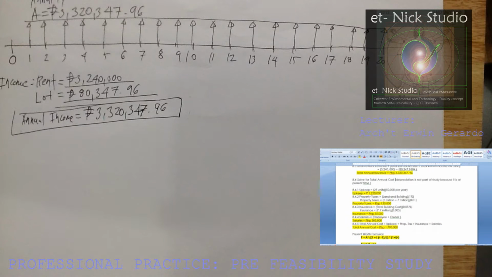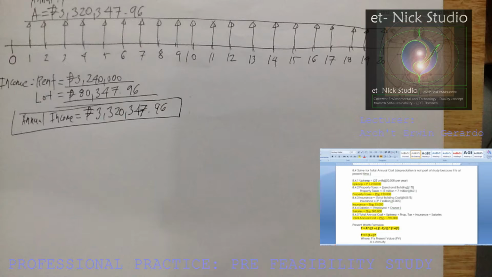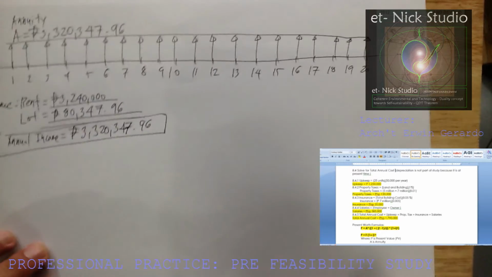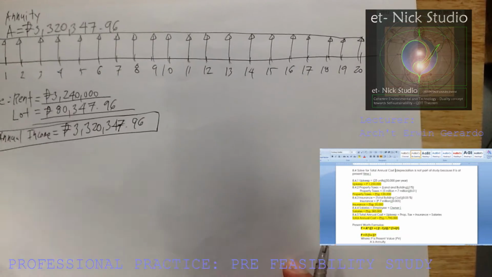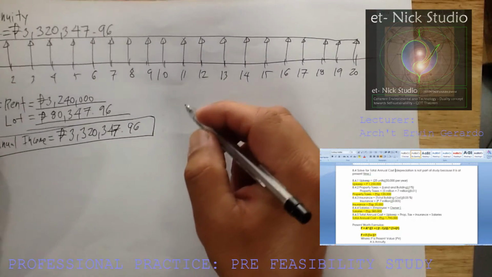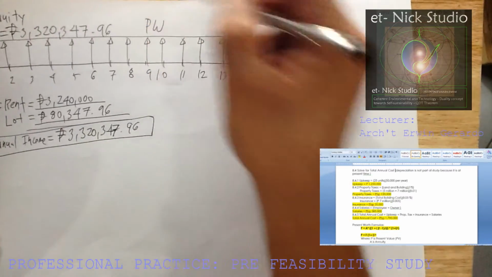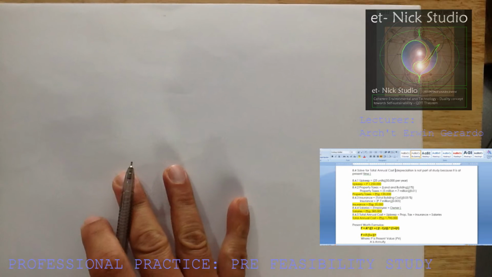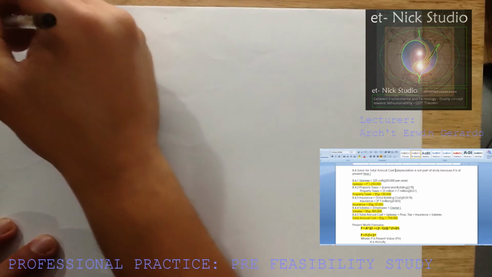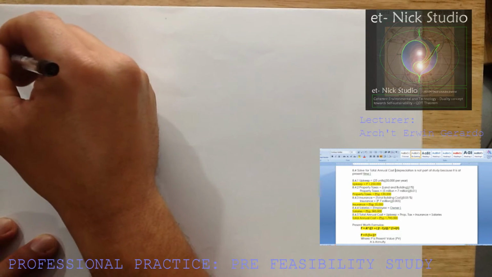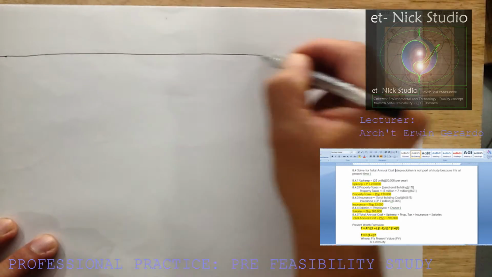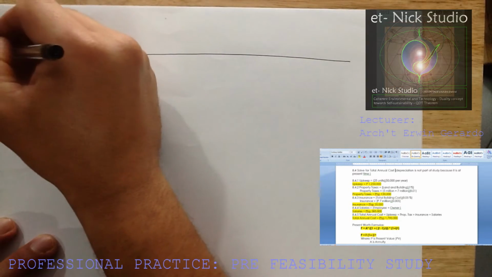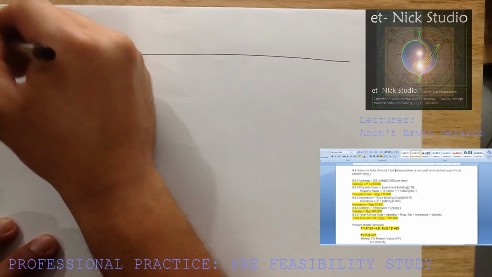Now, let us also look at the total annual cost. So this is now what you call the present worth. For the total annual cost, take note that in our diagram here, once again, all arrows are actually pointing downward.